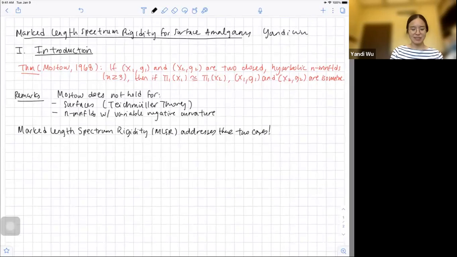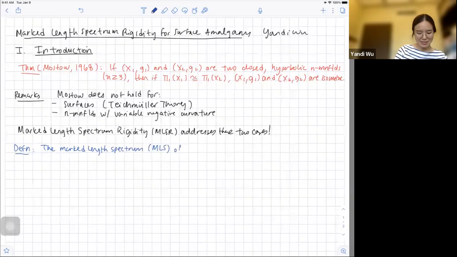So now I'm going to define it. First I need to define the marked length spectrum. The marked length spectrum, which I'm going to abbreviate as MLS, of a metric space (X, g) is a class function from pi1 of X to the positive reals.